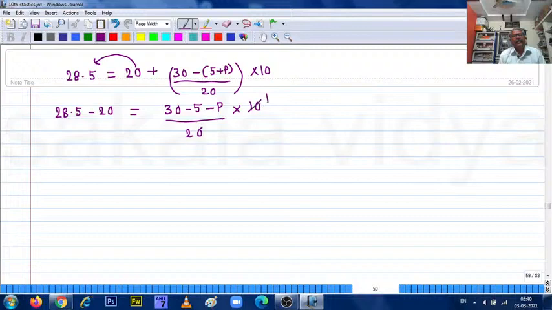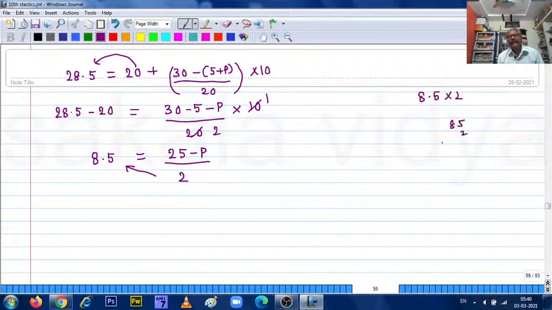So you will be getting 28.5 minus 20, that will be 8.5. So 8.5 equals 30 minus 5 is 25, 25 minus P upon 2. Cross multiply: 8.5 into 2 is 17. So you will be getting 17 equals 25 minus P.